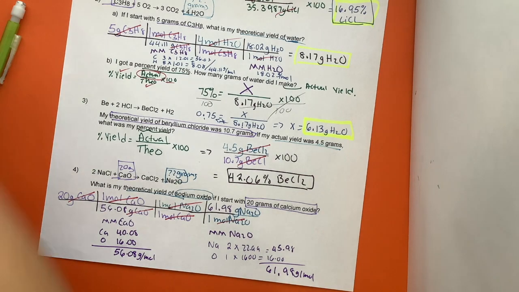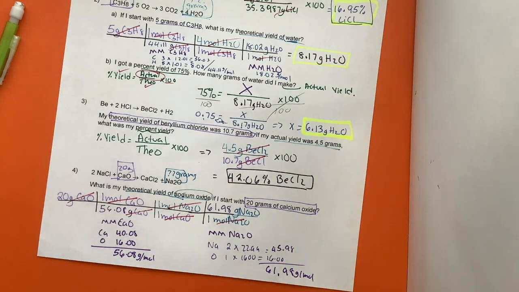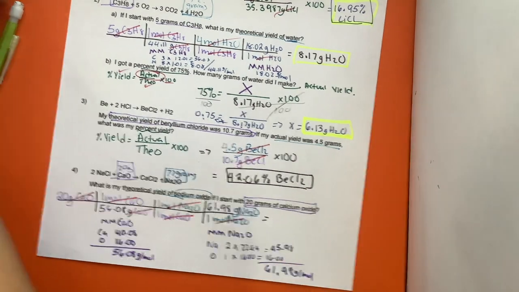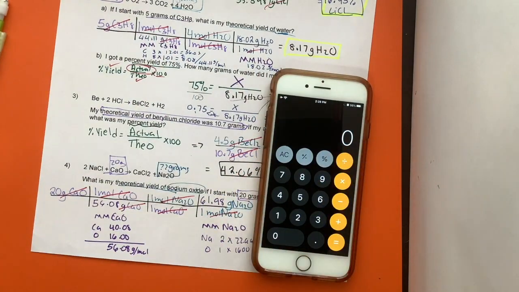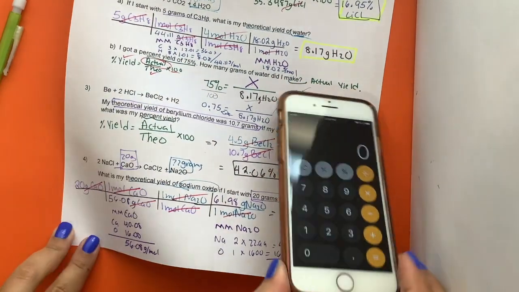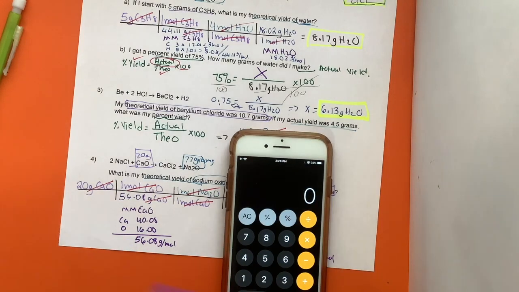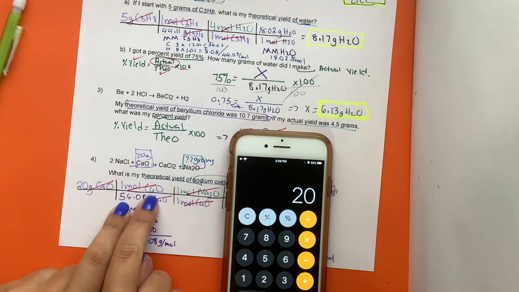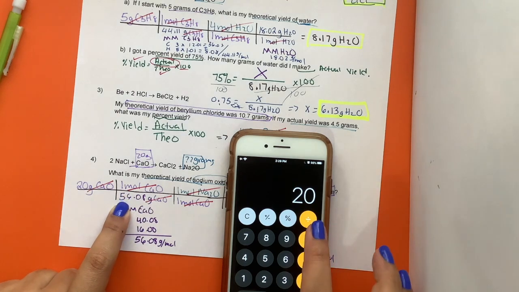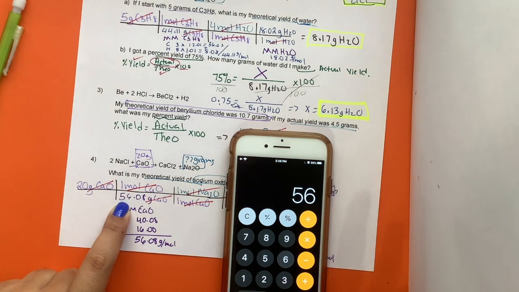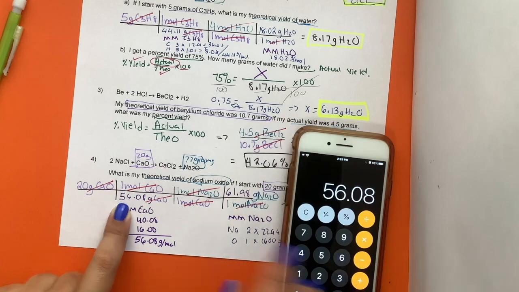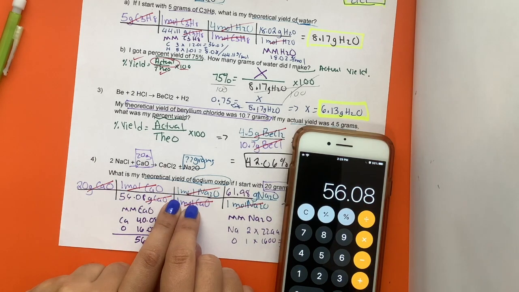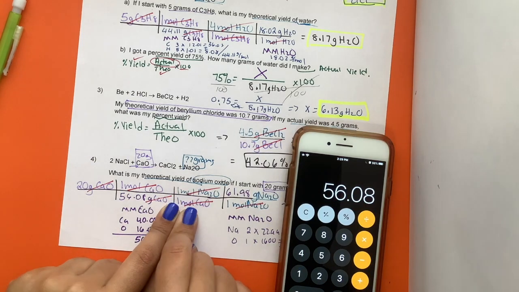So now my final step is to get my calculator and calculate this. I'm gonna start from left to right. I'm gonna start with 20. Okay, now my next little section, they have a number in the bottom. So I'm gonna divide by 56.08. In my next section, I have 1 over 1, multiply by 1, divide by 1.